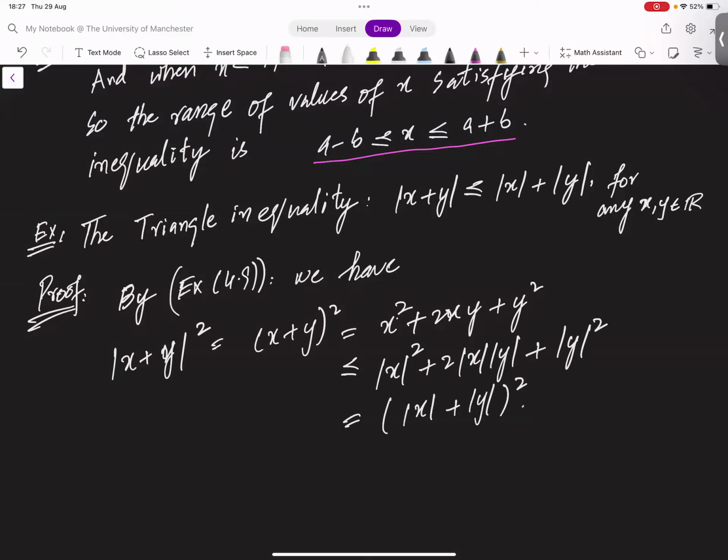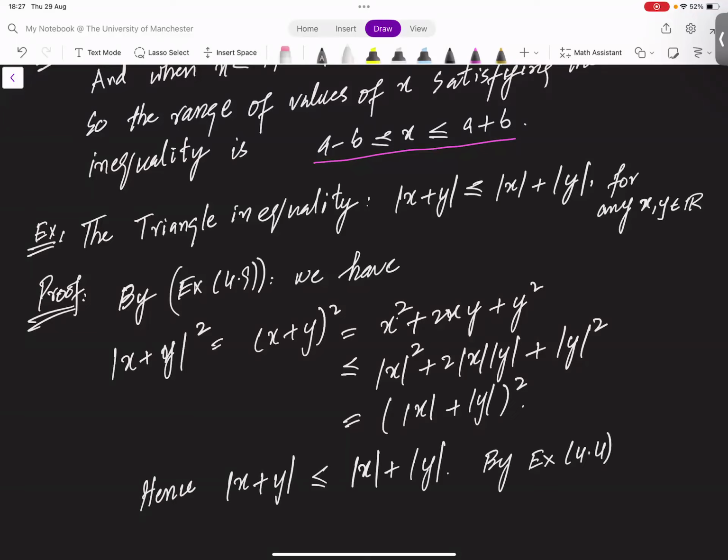And if this is equal to this one, then you can surely see that mod of x plus y is less than or equal to mod of x plus mod of y. And this is by example 4.4.